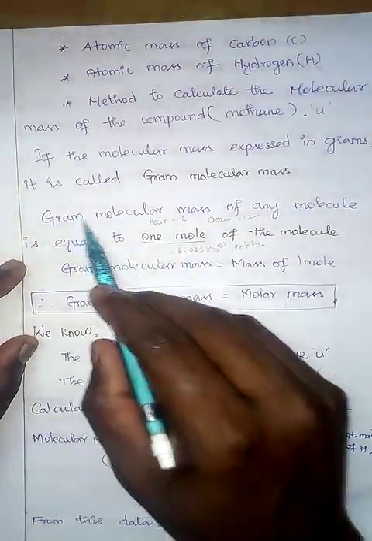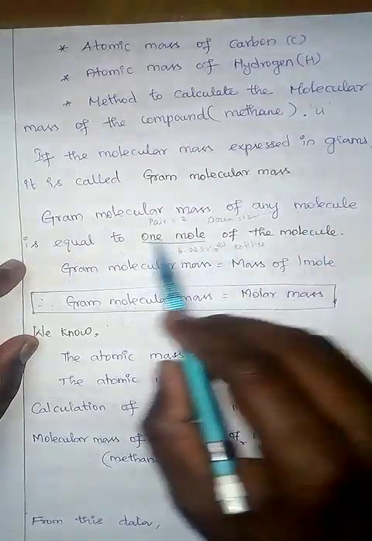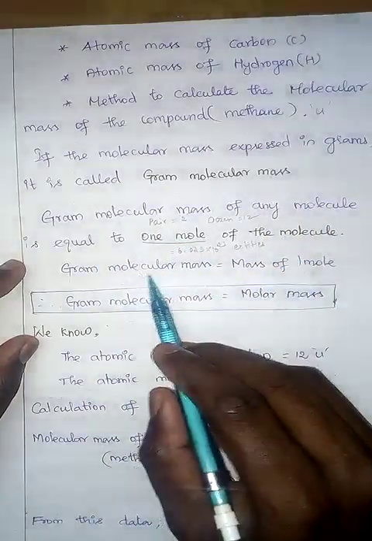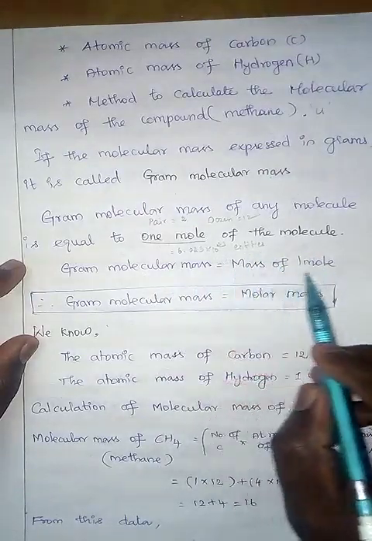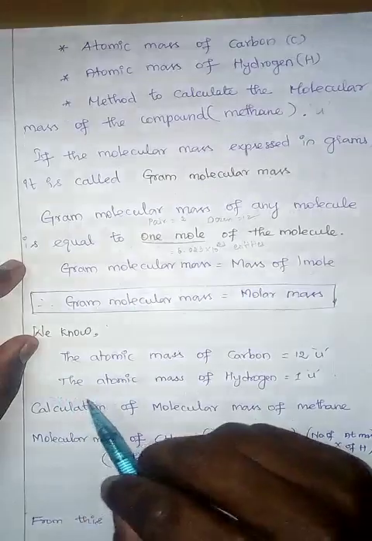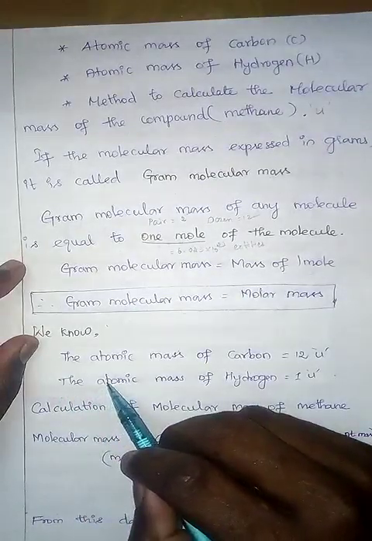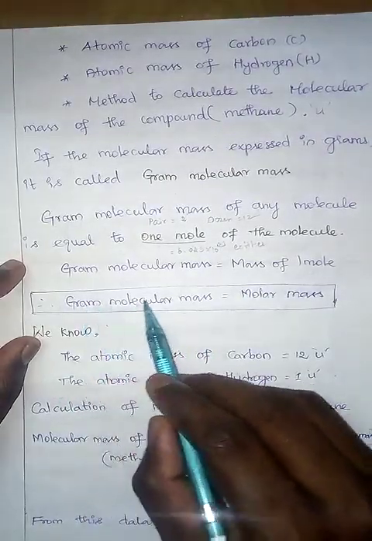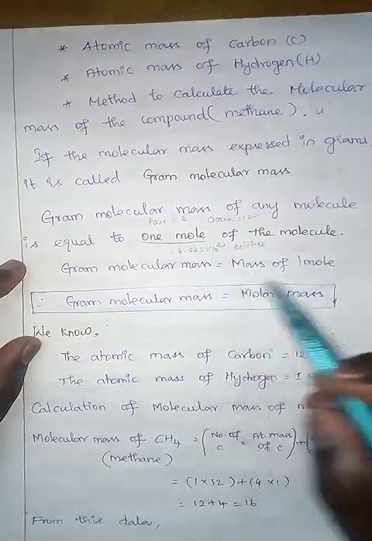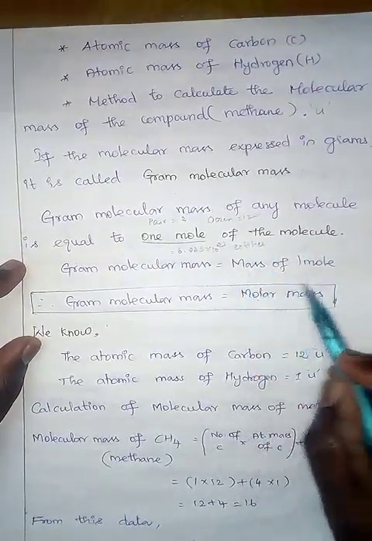Now, the gram molecular mass of any molecule is equal to 1 mole of a molecule. If that is so, the mass of one mole is equal to gram molecular mass. Am I right? The gram molecular mass is equal to molar mass, because the mass of 1 mole we can write as molar mass.